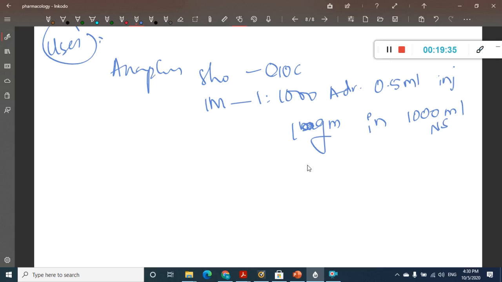So in such a case, you will have 1 gram in 1000 ml.